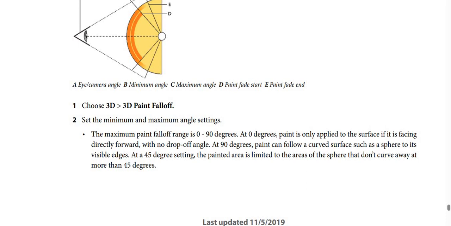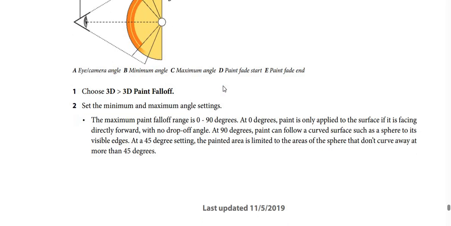At 90 degrees, paint can flow over a curved surface such as a sphere to its visible edges. And at a 45 degree setting, the painted area is limited to the areas of the sphere that don't curve away at more than 45 degrees.